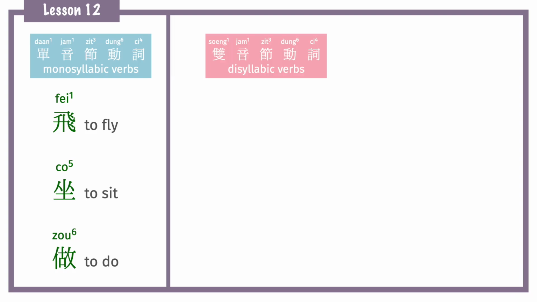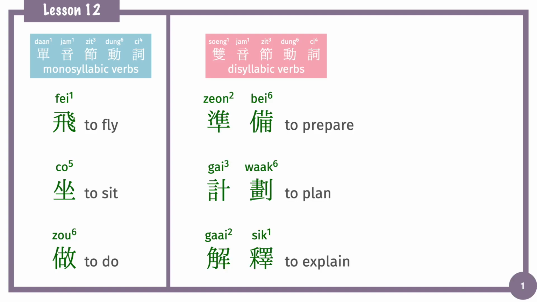And then the second type is verbs with two syllables. We call it 雙音節動詞, disyllabic verbs, like 準備 to prepare, 計劃 to plan, 解釋 to explain. They are verbs with two characters, and they cannot be separated.